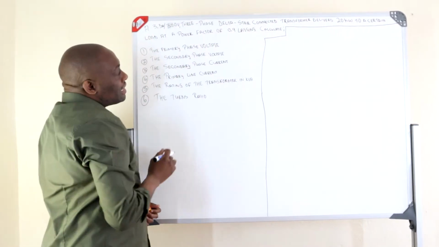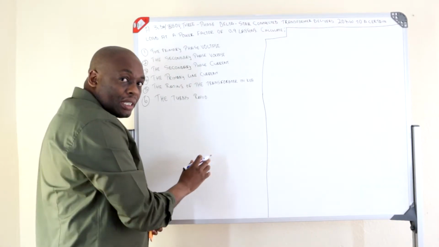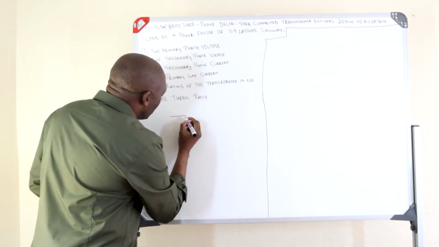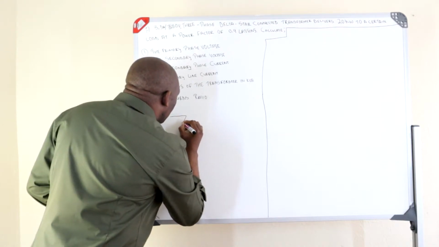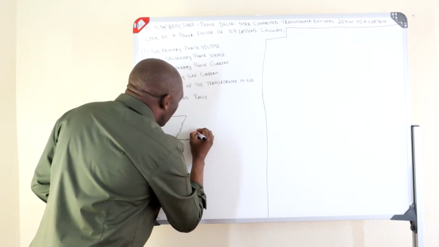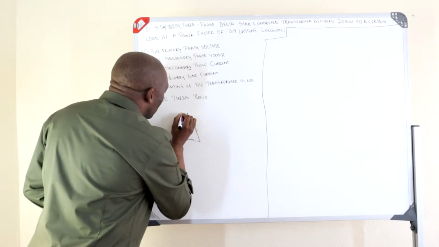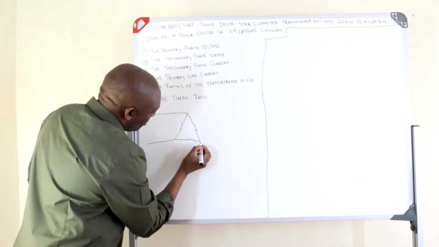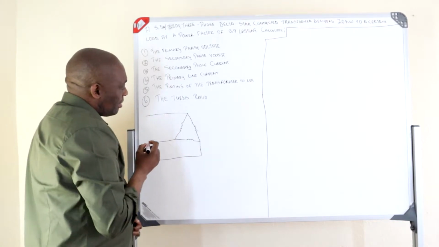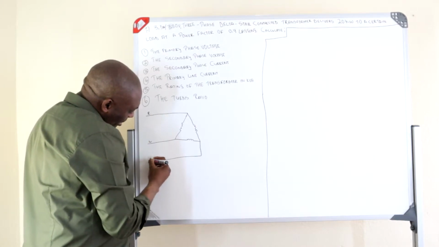It says here that it is a delta star transformer, so we'll be drawing our delta on our primary and our star on our secondary. That is our red line, white line and blue line.